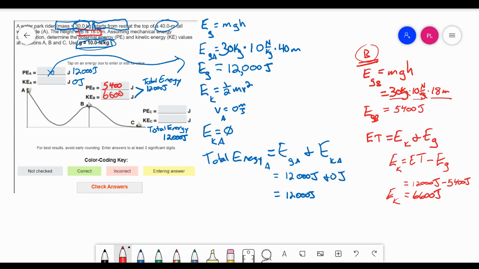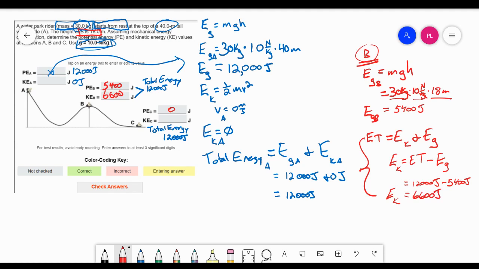So if I add this together, I get the same total as that. And we use that same process for part C. So part C, we find that the height at C is 0, so the potential energy is 0, and we use the same total energy process to find the kinetic energy at part C.